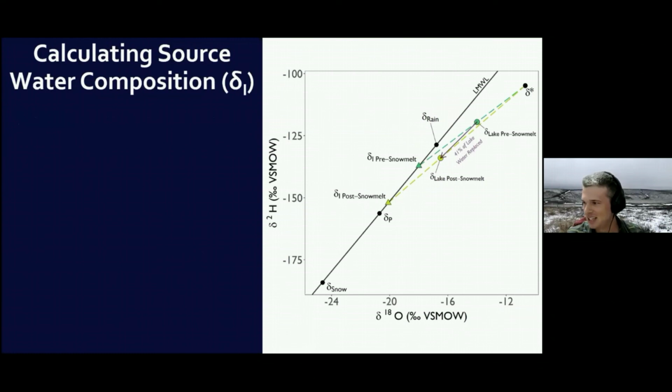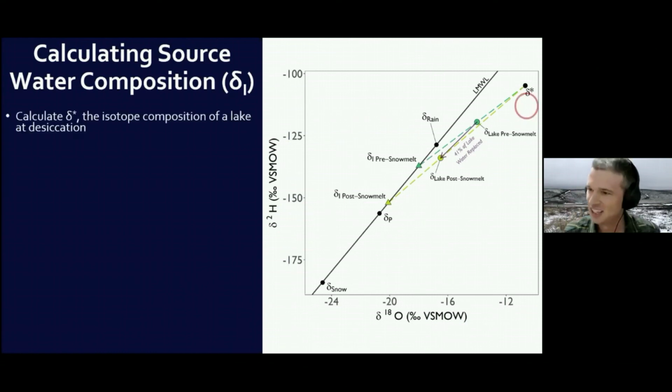Now to back up a bit, how do we calculate what the average water source of a lake is? We call this delta I. First we have to calculate and measure a few things about the isotope framework in this region. First, we calculate a point called delta star, which is the isotope composition of a lake as it desiccates, or the last drop of water before it's fully evaporated.